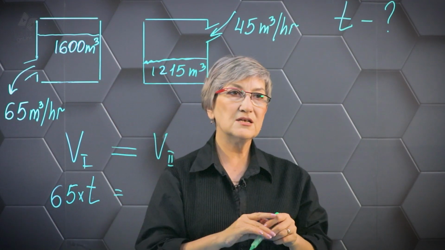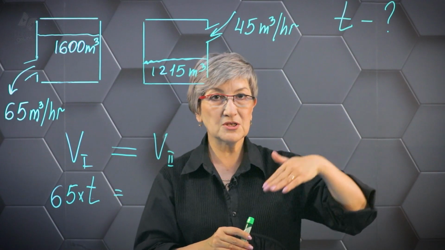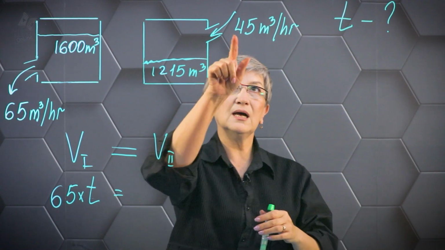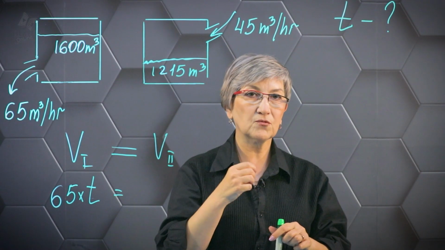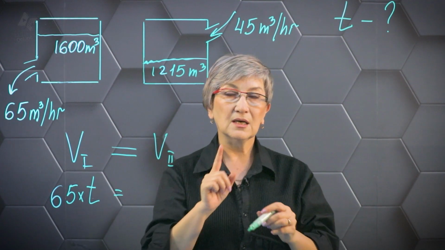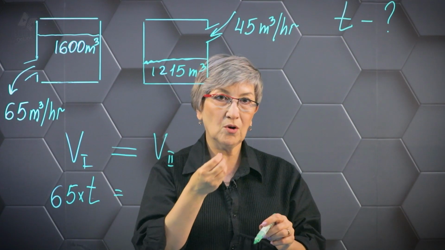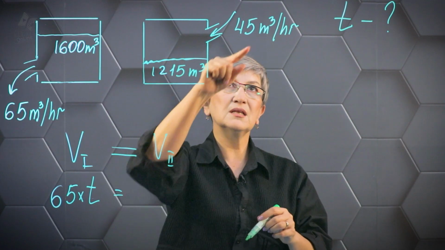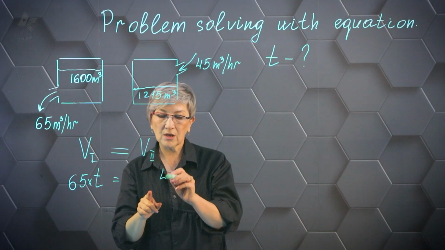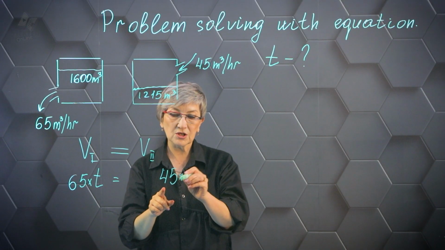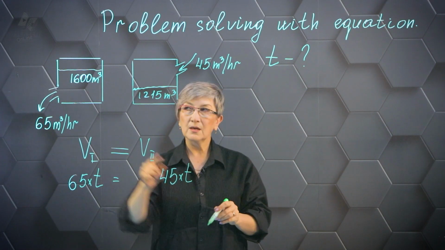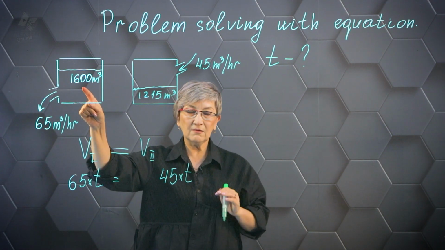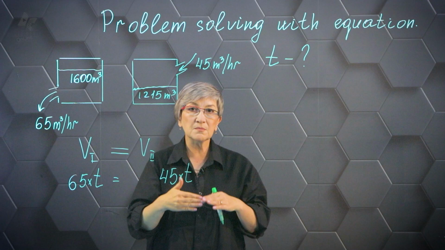Then if water is flowing into the second pool at the rate of 45 cubic meters per hour, then I can write down that the volume of water that's going to come into this pool will be equal to 45 times t. But from one pool the water flows out, that is, there is less of it.